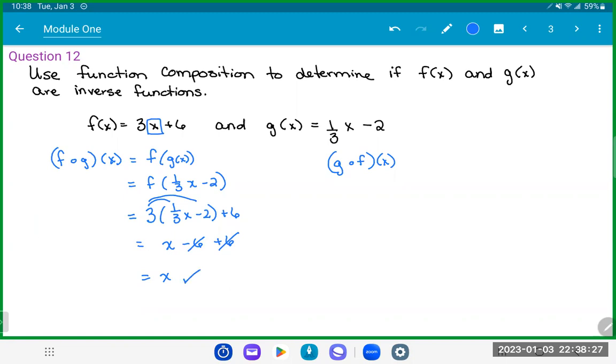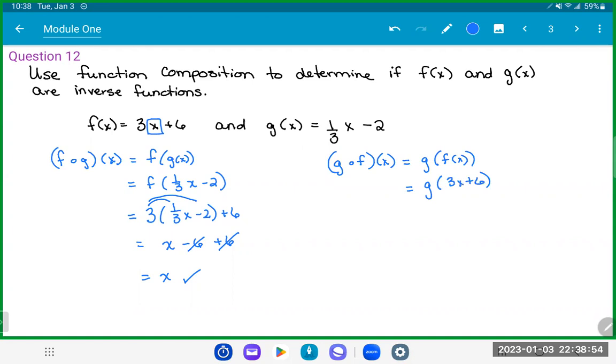But we need to just verify with g of f of x to make sure that it works both ways. And so for g of f of x, everywhere I have an x in my g function, I'm going to substitute in my f of x function. So that is g of 3x plus 6.